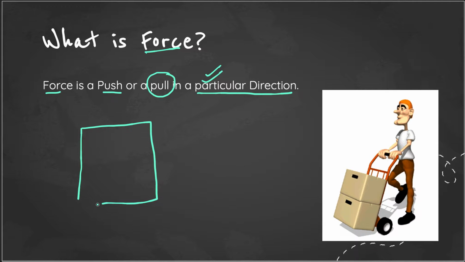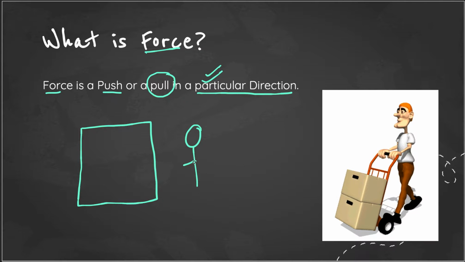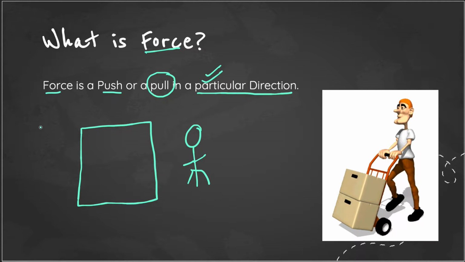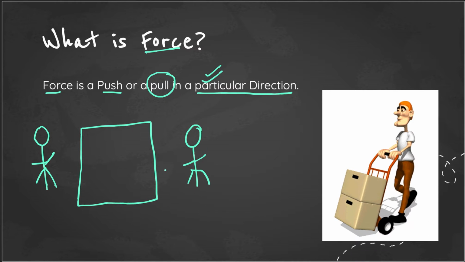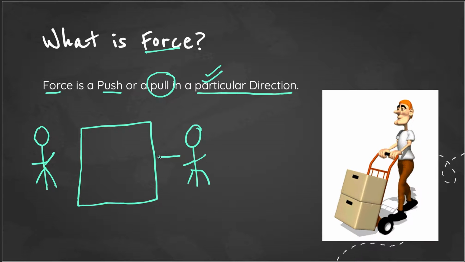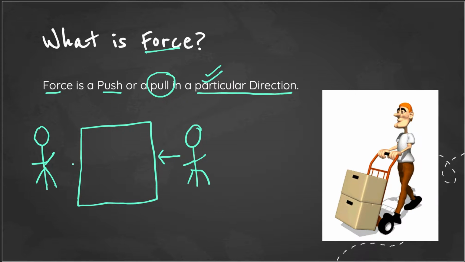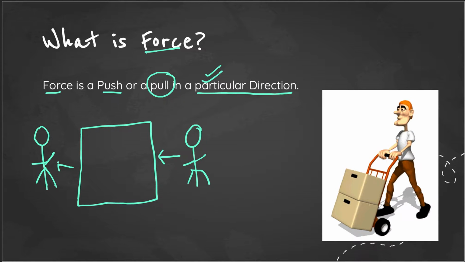For example, this is a box, and there are two people standing on either side of the box. Person 1 is applying a push force over the box, whereas the other person is applying a pull force over the box.